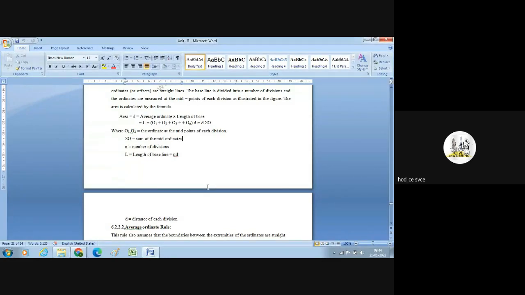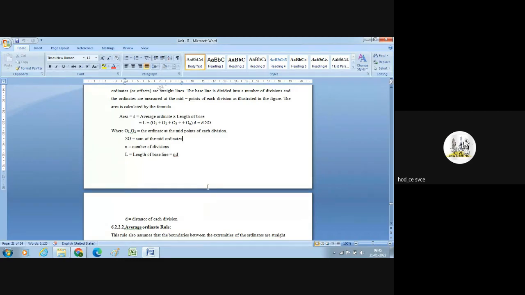So we are going to average the ordinates: O1 plus O2 plus so on to On, divided by n, multiplied by its length L.